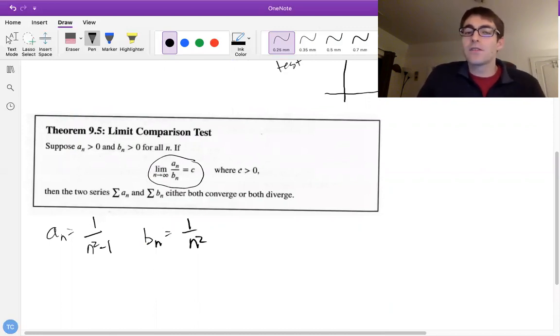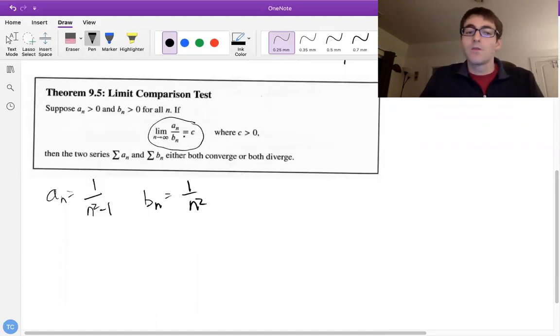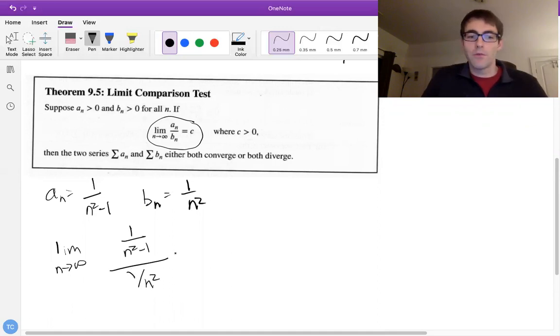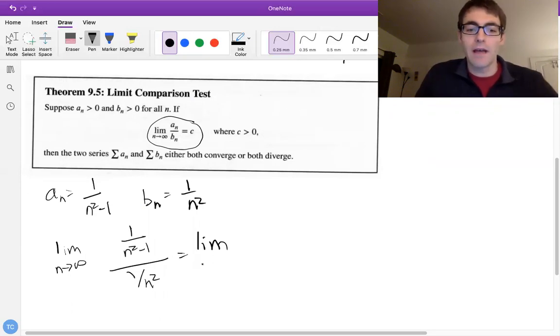And as long as that is just some constant number that's bigger than 0, then the fact that the series sum of b_n converges means that the series sum of a_n also converges. So all we have to do is calculate the limit as n goes to infinity of 1 over n squared minus 1, over 1 over n squared. This is just multiplying through by n squared, which ends up looking like n squared over n squared minus 1.